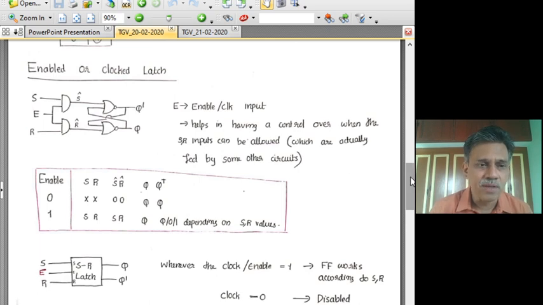We can now come up with a representation for this SR latch. Instead of all the time drawing the internal circuitry of the SR latch, we can just draw it as a black box and use it as a building block in larger circuitry.